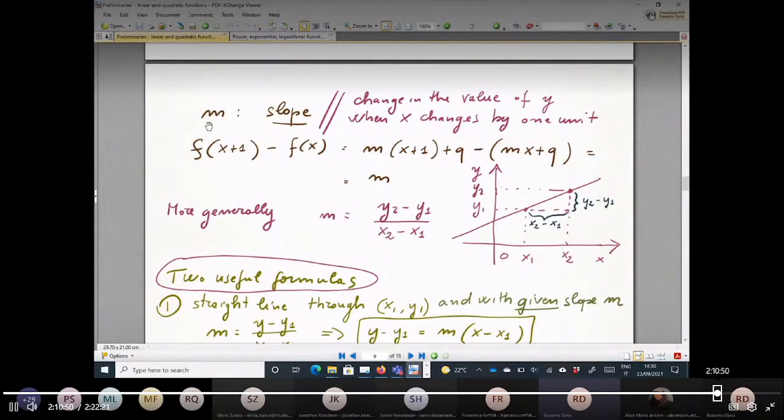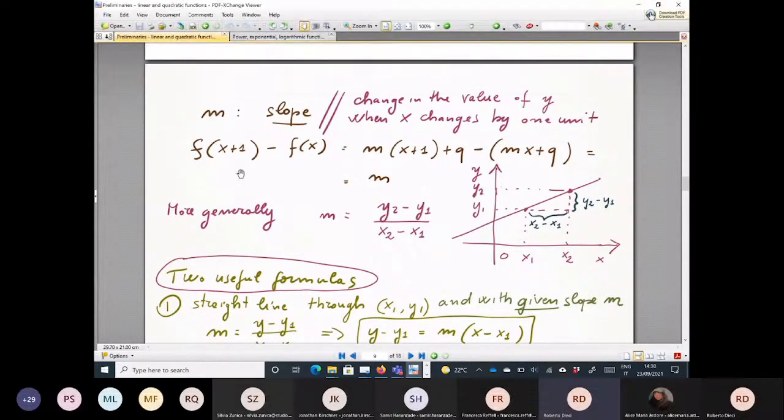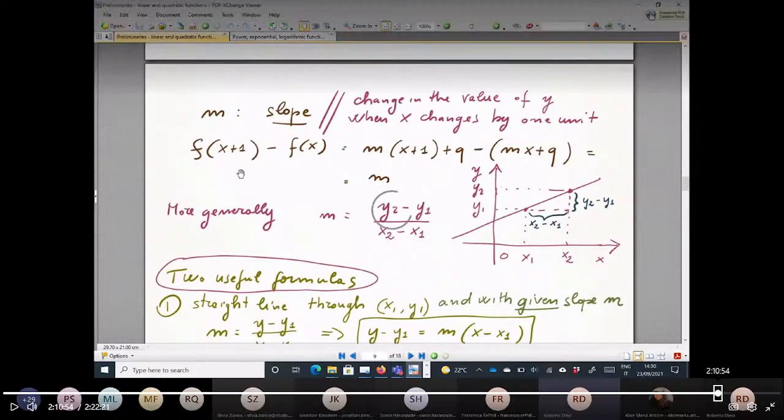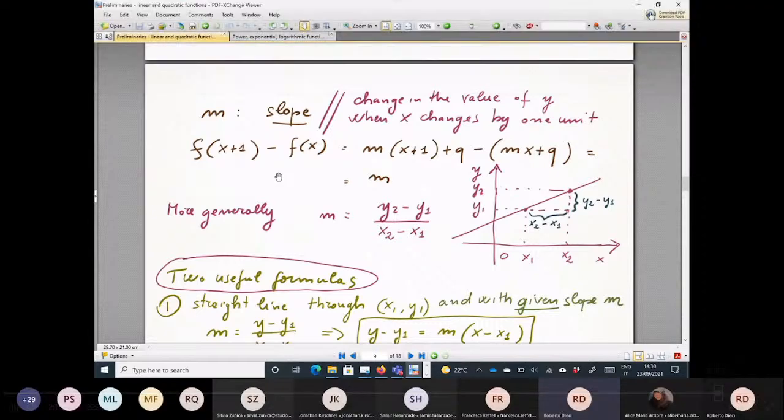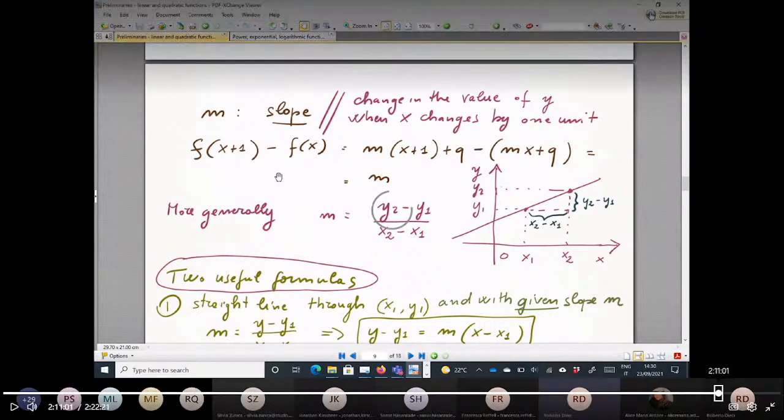And I study the change of the dependent variable in terms of difference. So this is the absolute change in terms of a difference.